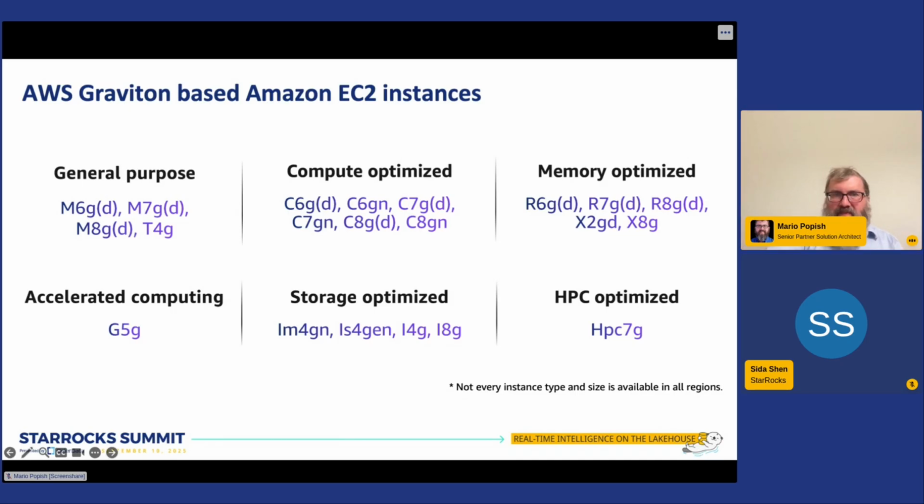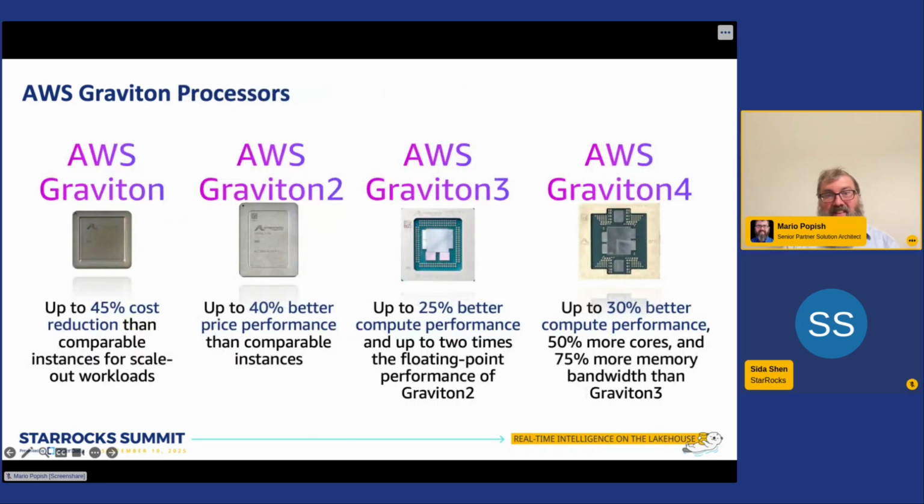But to tell you a little bit more about Graviton and why this is particularly important for StarRocks performance, you can see in this slide that we've continued to improve the compute performance of Graviton over time. When we launched the first generation of AWS Graviton back in 2018, we offered it at up to a 45% cost reduction compared to other, non-Graviton instances.